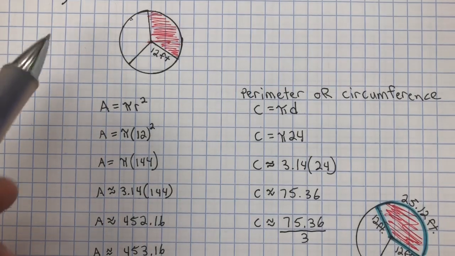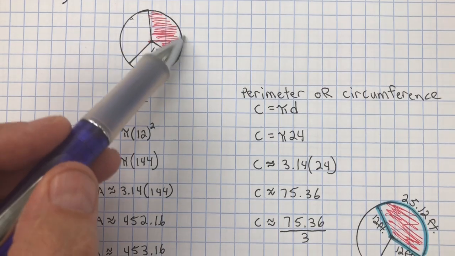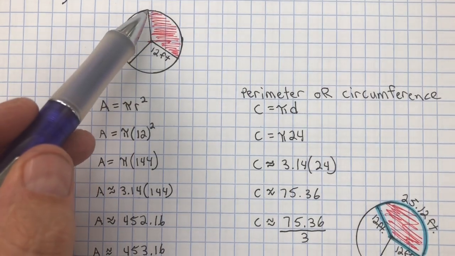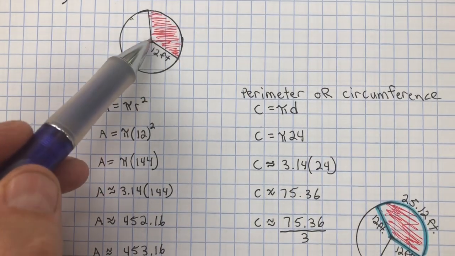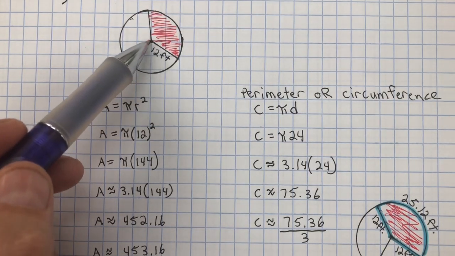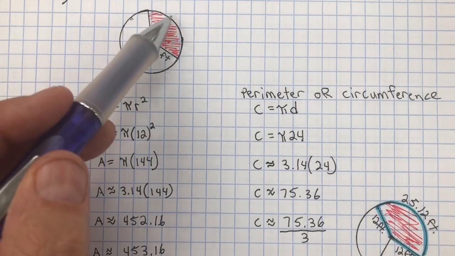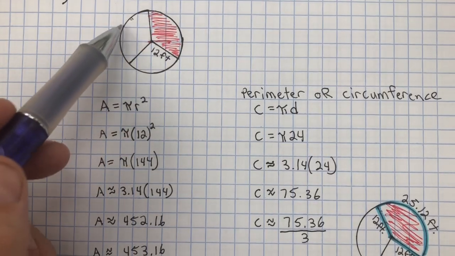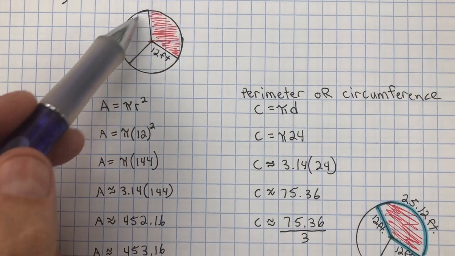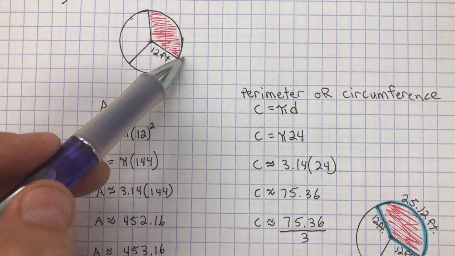The second part, we need to find the perimeter of the shaded region. And the perimeter is the length of all the sides. So we have this arc, this radius, and this radius. Remember, circumference is like the perimeter of the circle. It's the distance around. But we only need, again, 1/3 of that.